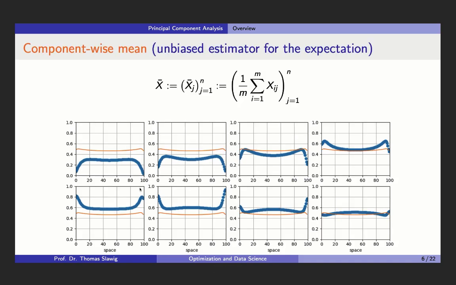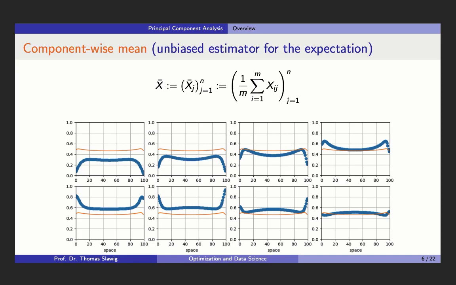And of course we can apply all the techniques that we had, the estimators for the mean and for the variance, but now we can apply them in the first place to every component, which in my example would mean to every spatial coordinate, so a spatial index here going from 1 to 100.